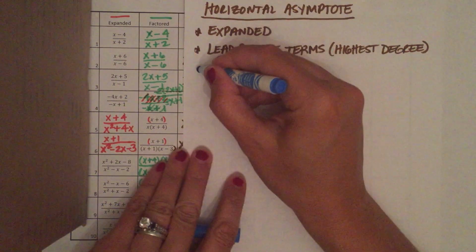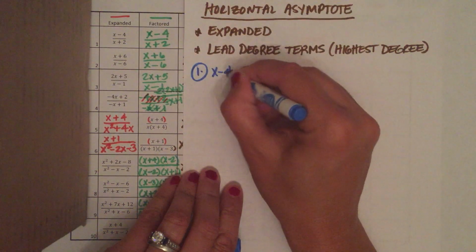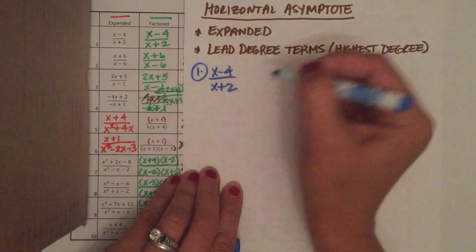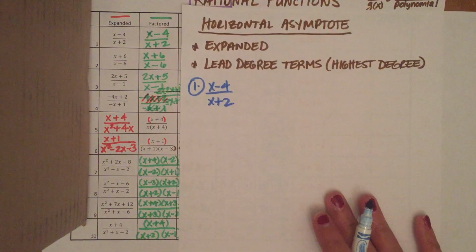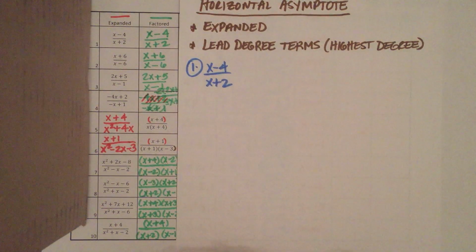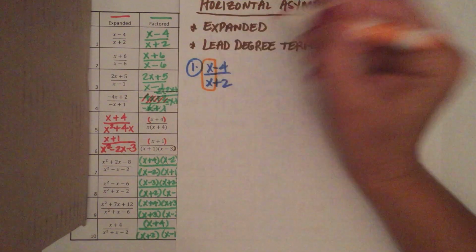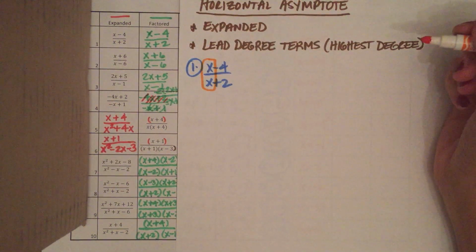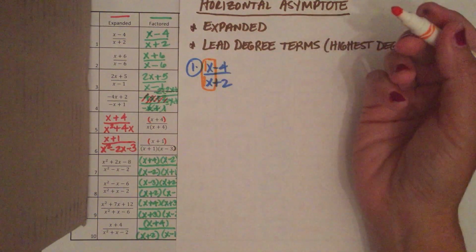So with that being said, let's look at some of these examples. Number 1 is x minus 4 over x plus 2. In order for me to find the horizontal asymptote here, I'm going to look at my two lead terms. My two lead terms are x to the first, so I have x and x. What are my coefficients for these terms? 1.